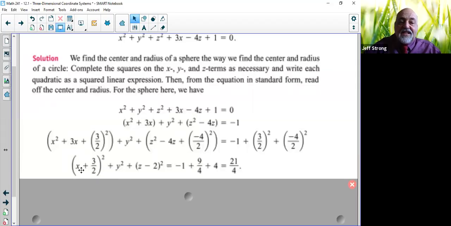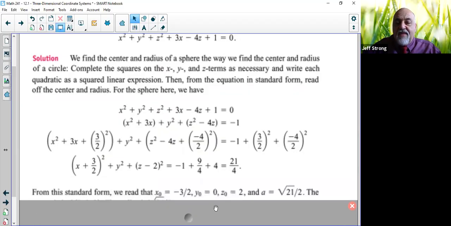So then we have x plus 3 halves squared, always half the middle term before you square it, goes inside here. We didn't do anything with the y's. And then z minus 2 squared. Now we add negative 1 plus 9/4 plus 4, and we get 21/4.